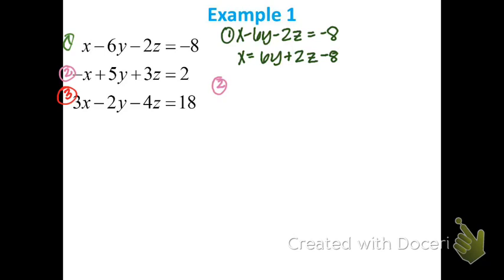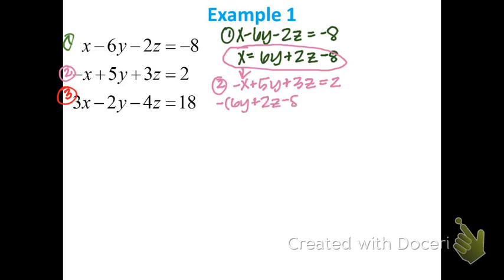Equation 2 is negative x plus 5y plus 3z equals 2. I'm substituting in my x here, so now I have negative, open parentheses, 6y plus 2z minus 8, plus 5y plus 3z equals 2.